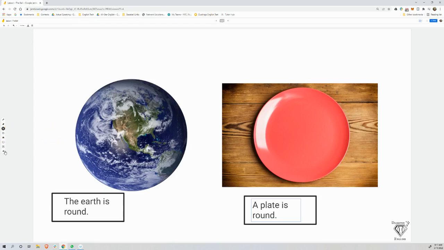But the earth is round this way and this way, and this way. The earth is round, completely round. A plate is round here, but a plate is not round here.